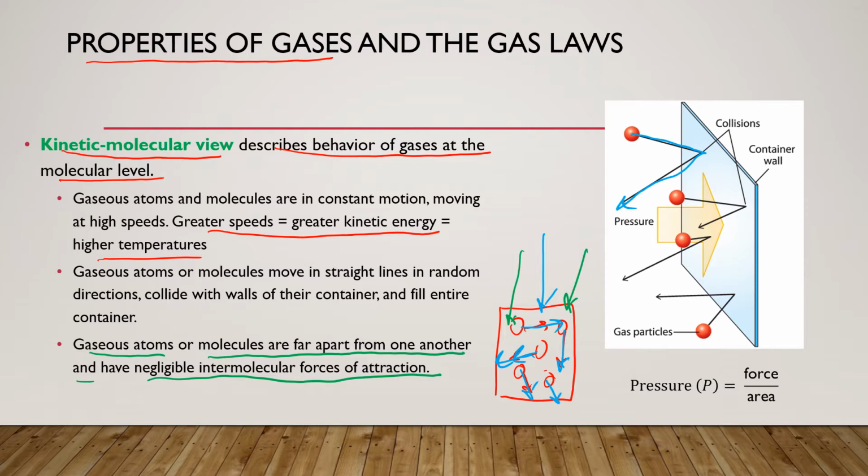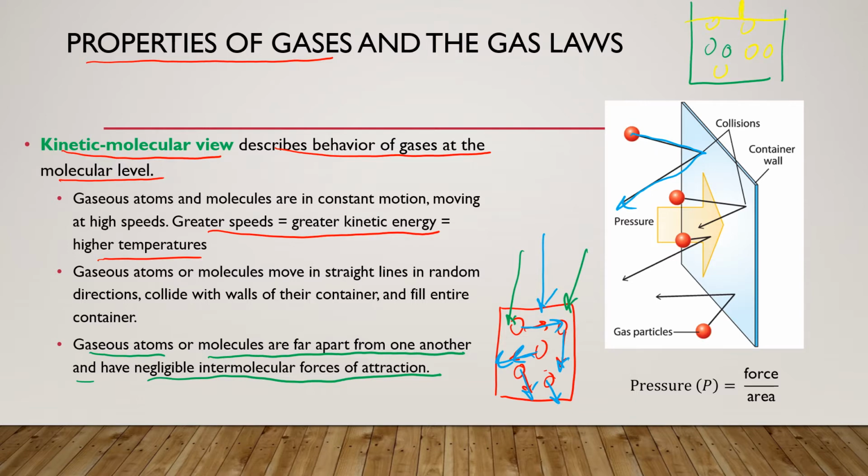Gases have unique properties which are different from solid and liquid states because gases are compressible, which means that the volume of a gas can be reduced. For example, if we have a container full of gas molecules, let's imagine these are a mixture.